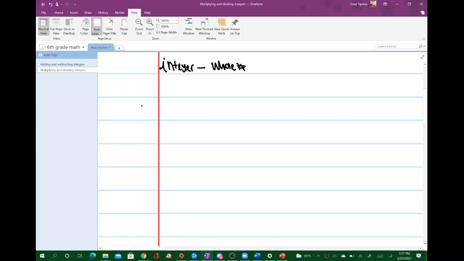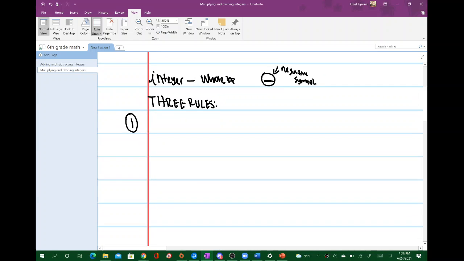There are 3 rules for integers. Number 1, we already learned about what a negative looks like. A negative number has a little negative symbol. We know that this is a negative symbol. And I just want to make sure that we understand, right?